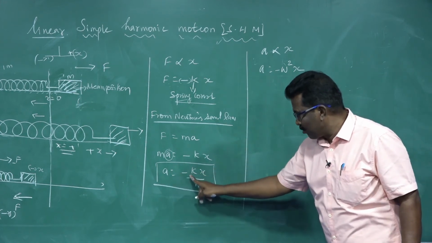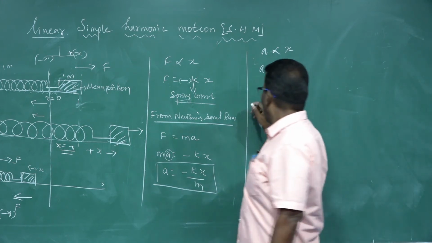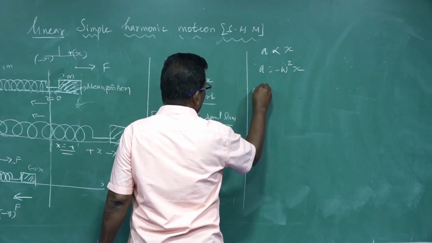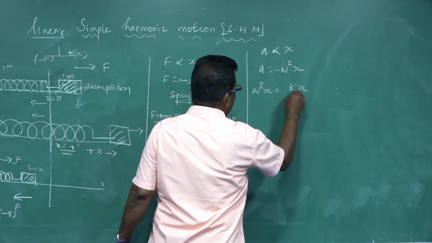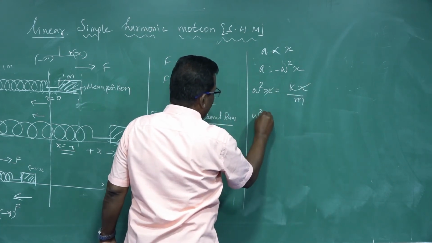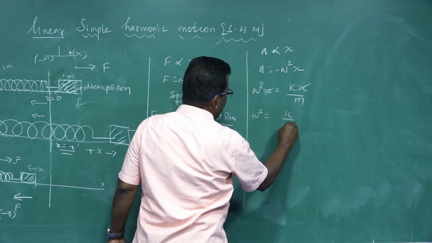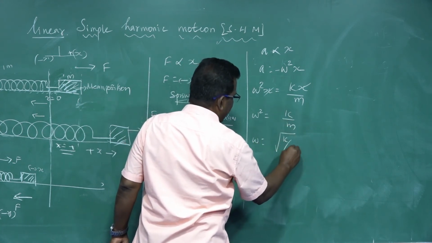So a is equal to minus kx by m, and a is equal to minus omega square x. So omega square x is equal to kx by m. Now comparing, omega square is equal to k by m. So omega is equal to root of k by m.